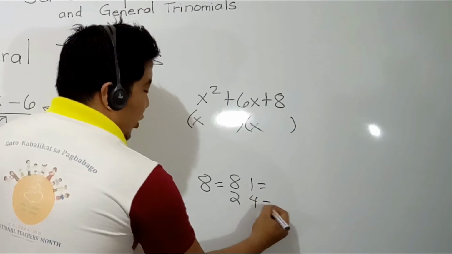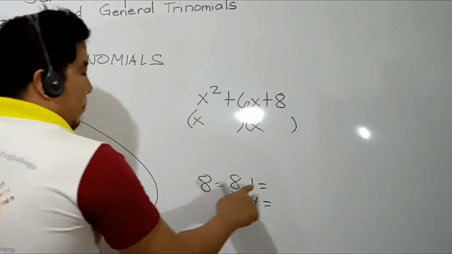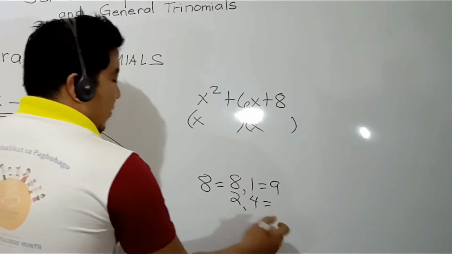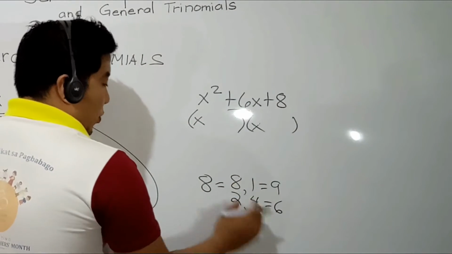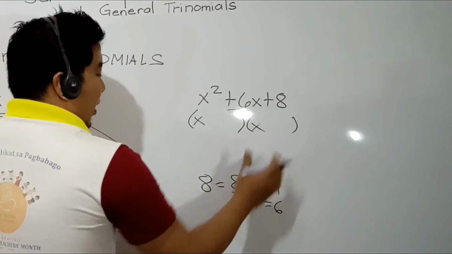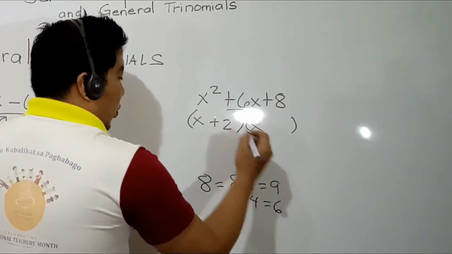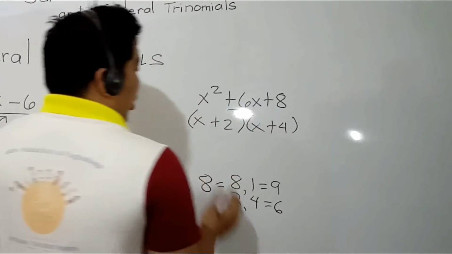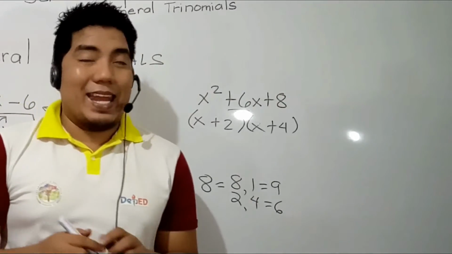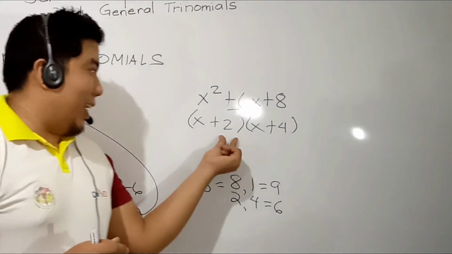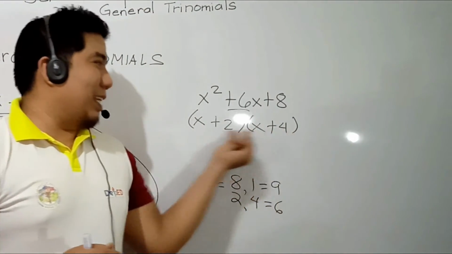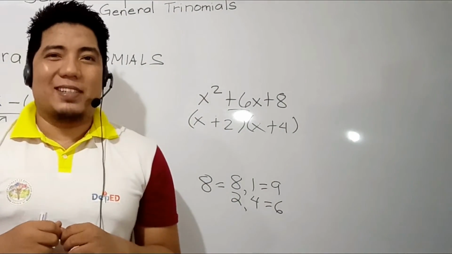So now we add this one. 8 plus 1 is 9. 2 plus 4 is 6. Our middle term is positive 6. So therefore, what we will use in our factors are positive 2 and positive 4. So we have x plus 2 and x plus 4 as its factors. Again, you can interchange positive 2 and positive 4 in this given example.